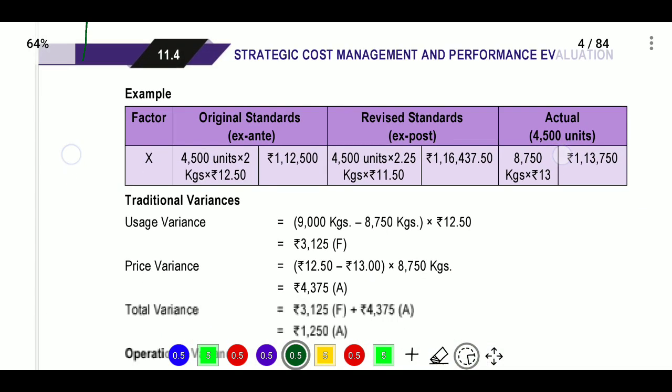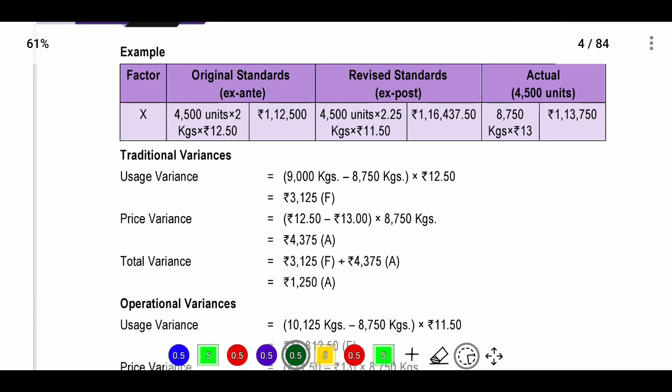Next, we will see one example. The example provided is factory X, which provides original standard, revised standard and actuals. The original standard is named ex ante, the revised standard is named ex post, and actual will be 4500 units.